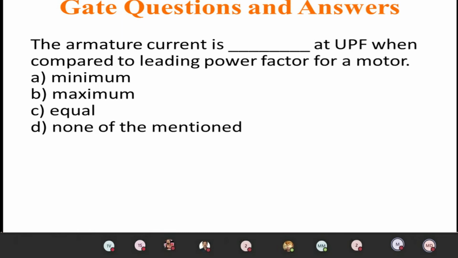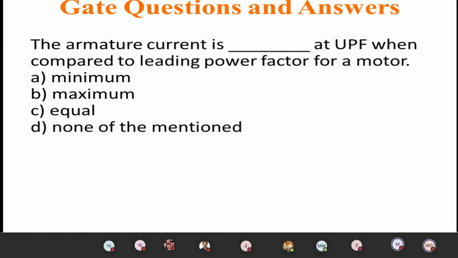Then the armature current is dash at UPF, unity power factor, when compared to the leading power factor of the motor. The options are minimum, maximum, equal, none of the mentioned.